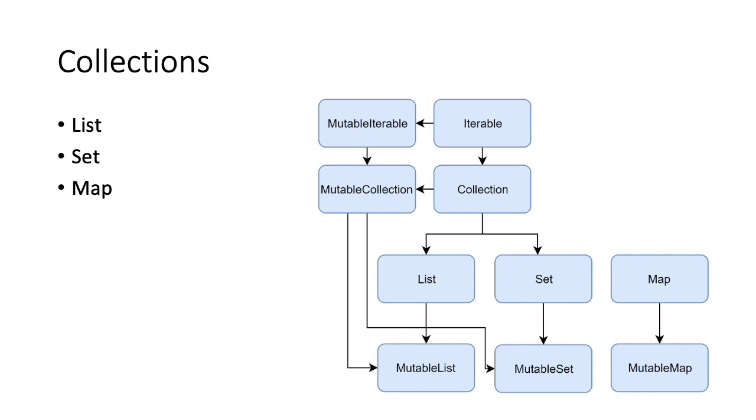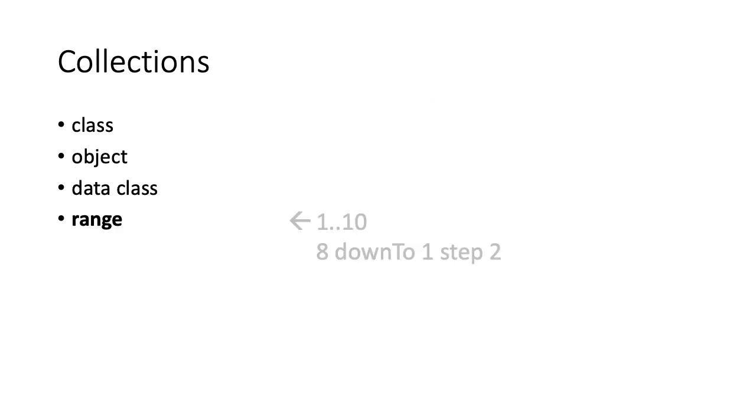We will not go through them in detail, however, understand their type hierarchy. So let's take mutable list. Its supertype is list, which makes it immutable or read-only, which is itself a collection. Collections inherit from iterable.